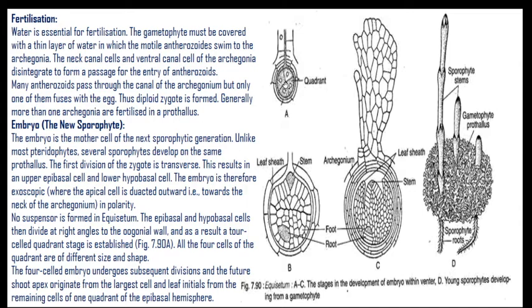All the 4 cells of the quadrant are of different size and shape. The 4-celled embryo undergoes subsequent division, and the future shoot apex originates from the largest cell, and the leaf initials form from the remaining cells of one quadrant of the epibasal hemisphere.